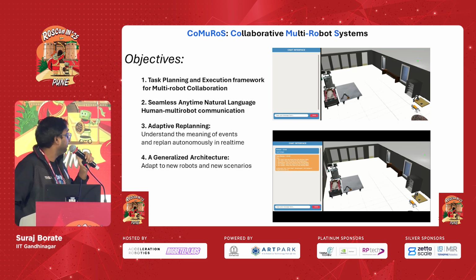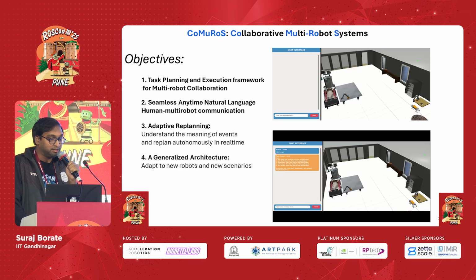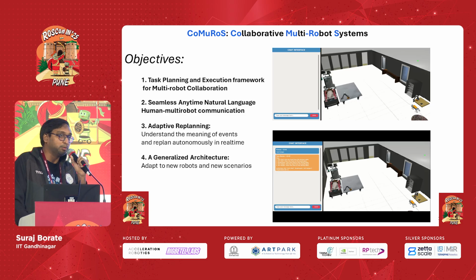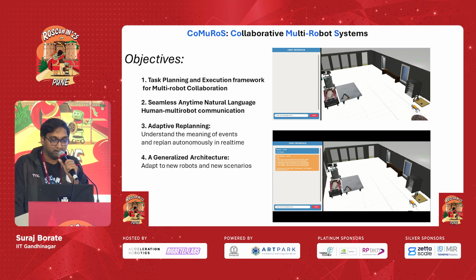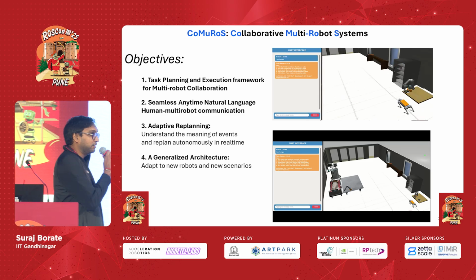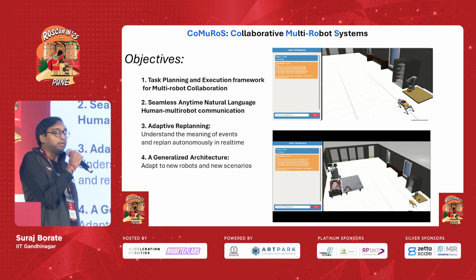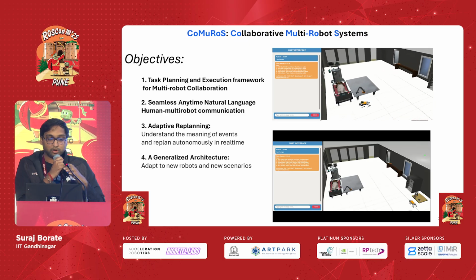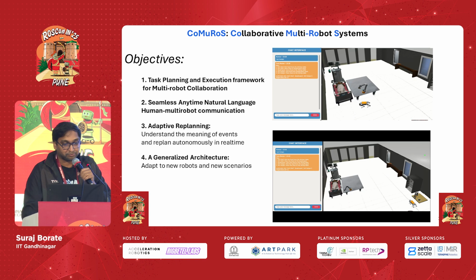Let's say the human types in this interface or says out loud, I am hungry, right? Then our system plans which robot should do what and delivers the food autonomously. It plans autonomously and delivers the food autonomously to the patient. This is what I mean by the first 2 points.